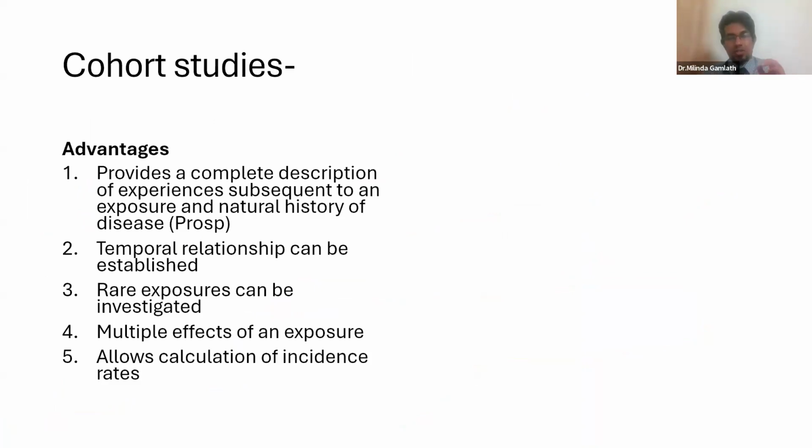So the advantages of a cohort study. This you need to know. In a cohort study, like I said, you start off with an exposure, and then you follow them up until they get an outcome. So this is the classical prospective cohort study. If you do that, you will get a complete description of all the things that happen in the natural progression of that disease, right?